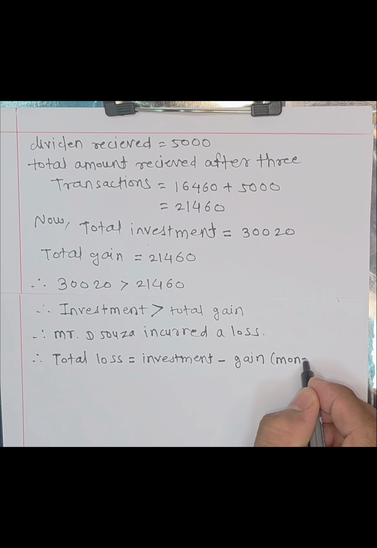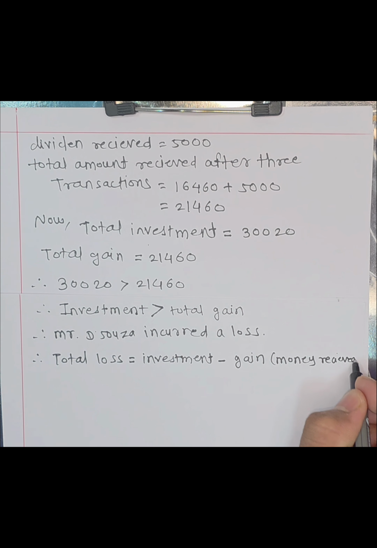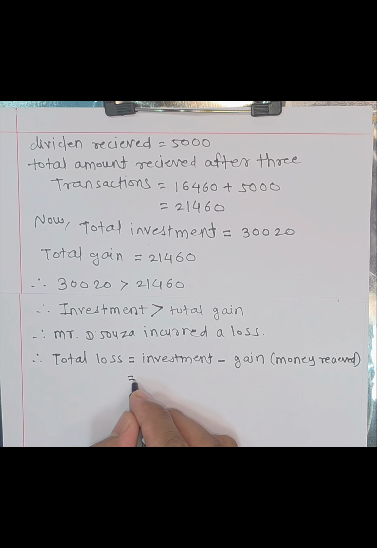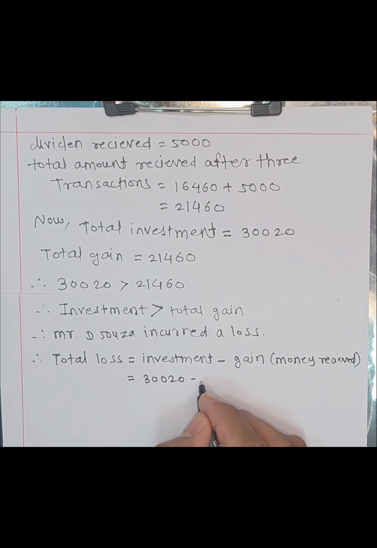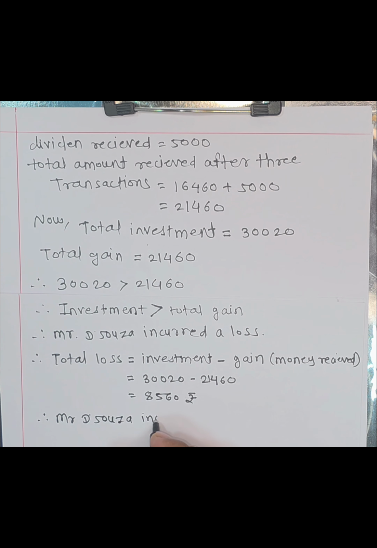Equals 30,020 minus 21,460, equals 8,560 rupees. That means Mr. D'Souza incurred rupees 8,560 loss.